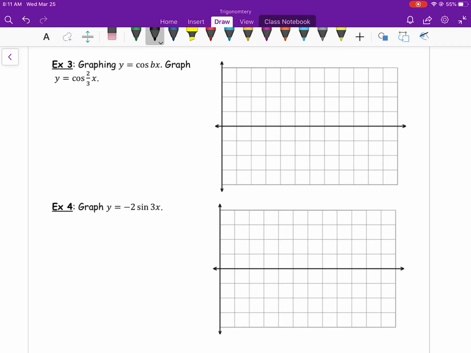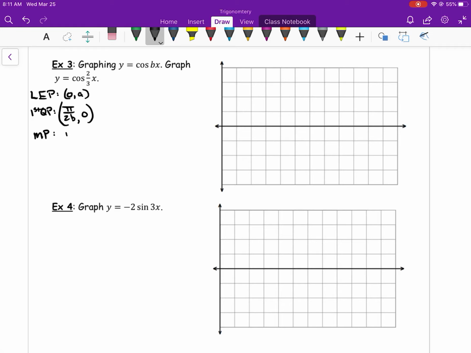So, start off in black. My left endpoint is 0, a. I'll write it out since we can't see it right now. My first quarter point is pi over 2b, comma 0.